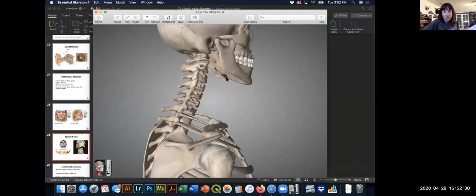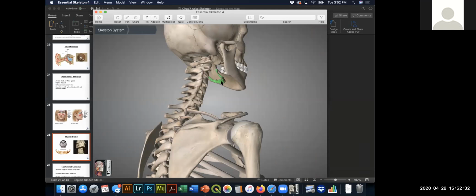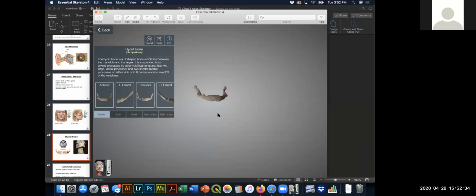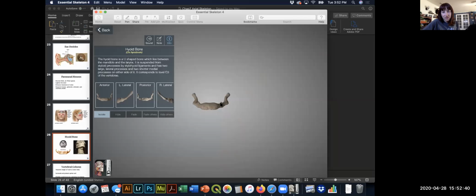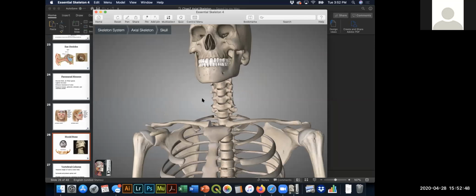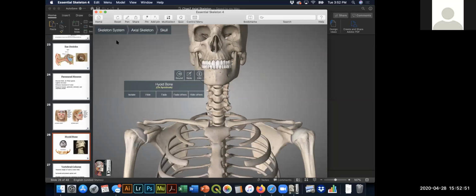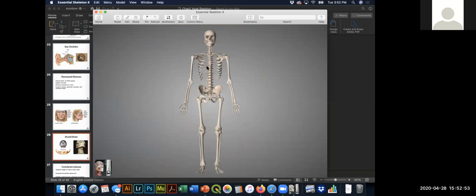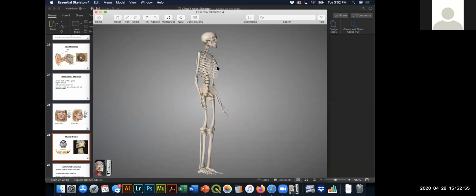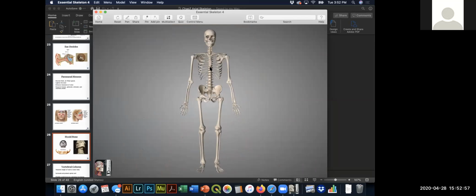That's fine. All right. Another view of it, since I'm having so much fun with the axial skeleton: greater horn, lesser horn, and the body of the hyoid. And when you say what is the hyoid bone, is there anything specific you want us to know? Because I know you said it doesn't serve a purpose, it's just floating.